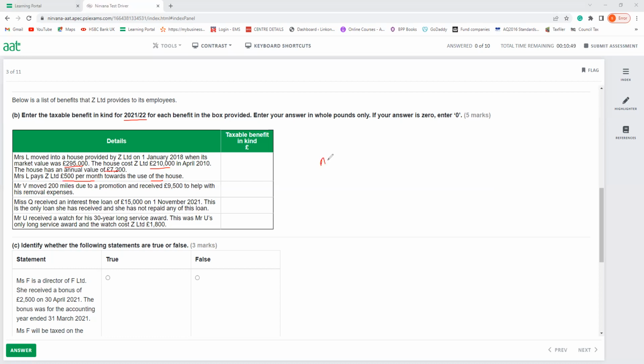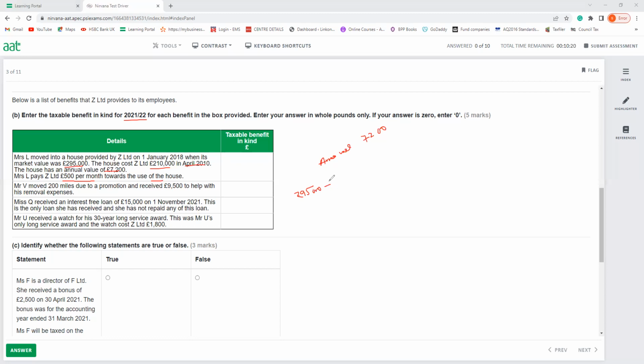This one we know anyway from the question. Now we have to find out how much is the additional cost. Now we'll take the market value because the house is given 2018, but the house was purchased in April 2010, more than 6 years. So it's 295,000. This is the market value of the house now.